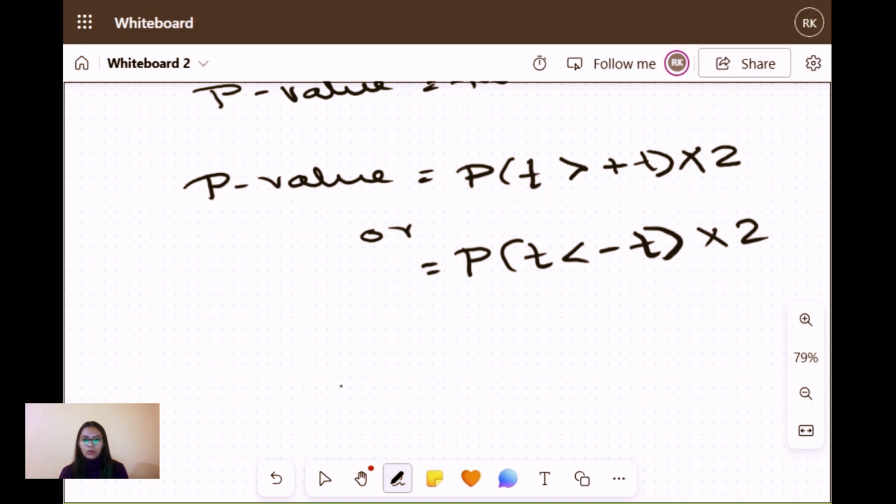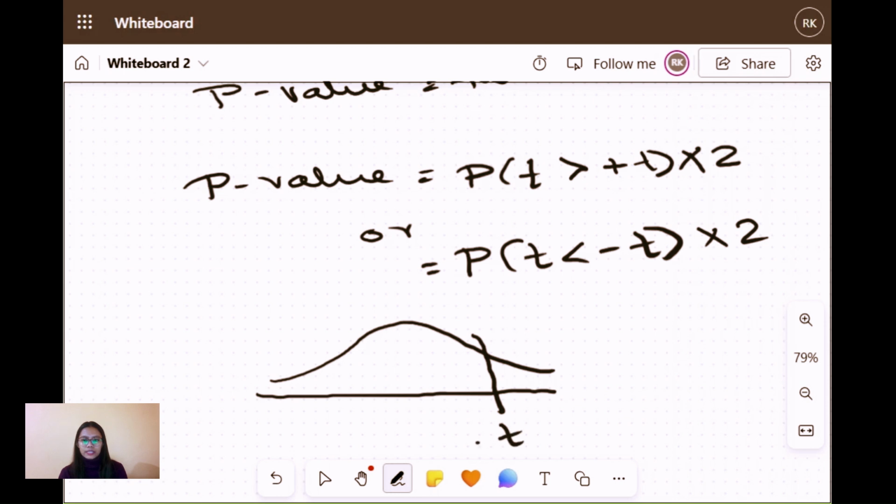So how can we define this? We have the curve like this, and we know at the end point we always have positive test statistics, and on the left-hand side we have minus test statistics. The shaded area for negative test statistics is this, and for positive this.